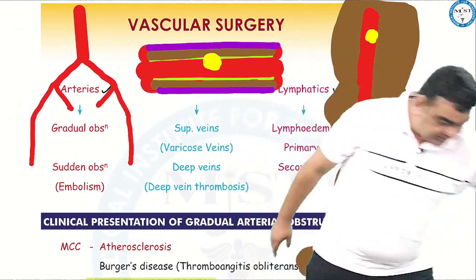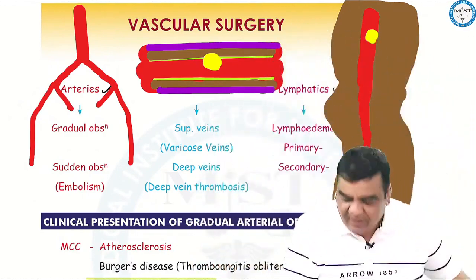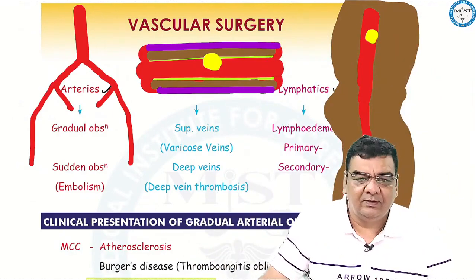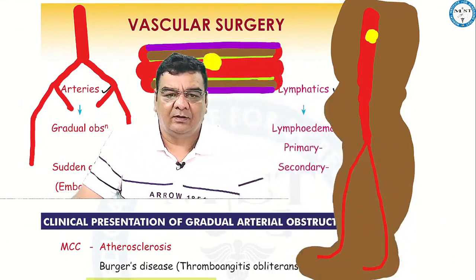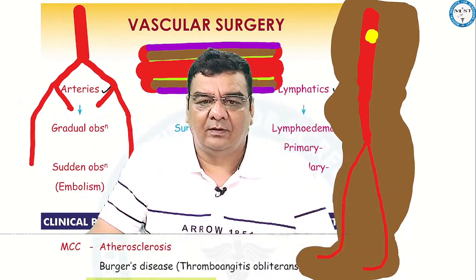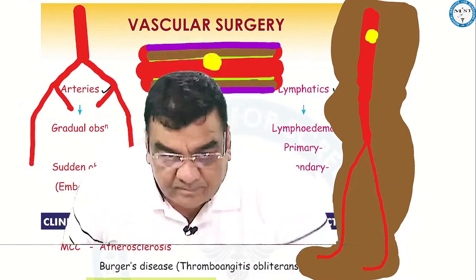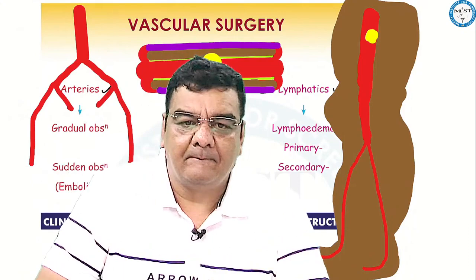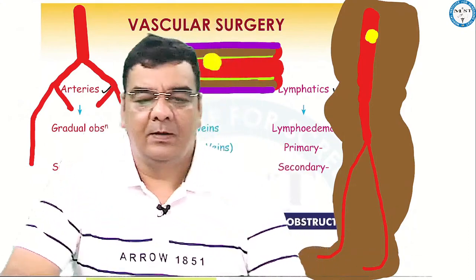Now, tell me one thing, if there is an obstruction here, right, beta.